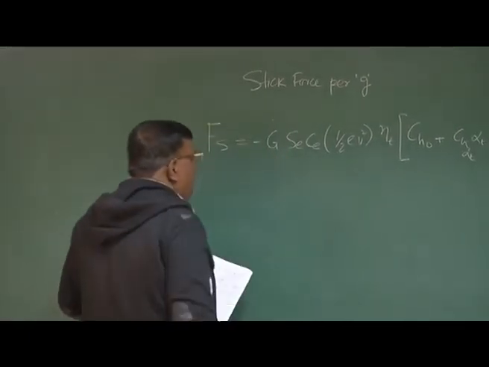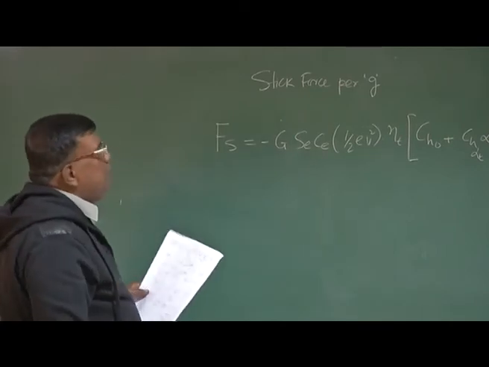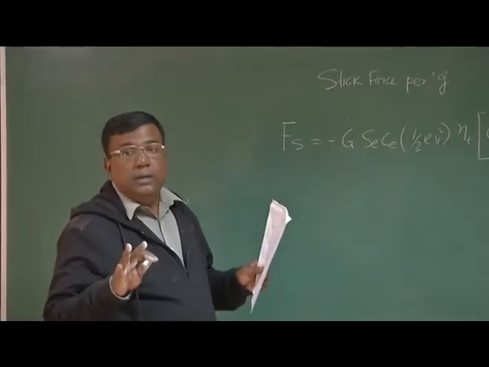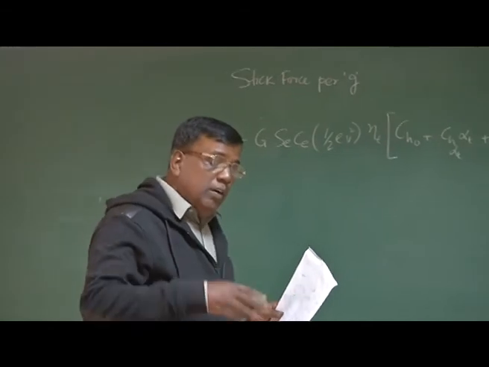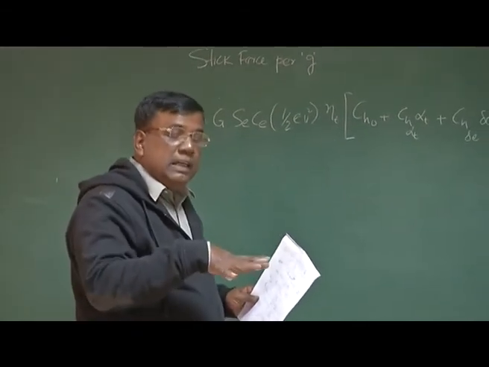What is our aim? Our aim is stick force per g. That means we are talking about a maneuver. What sort of maneuver have we discussed? One was pull up, another was turn.